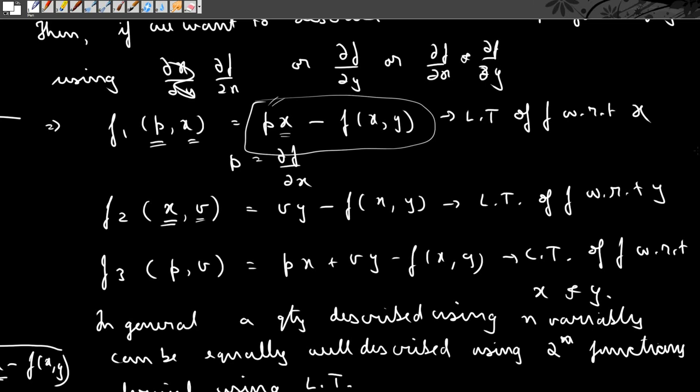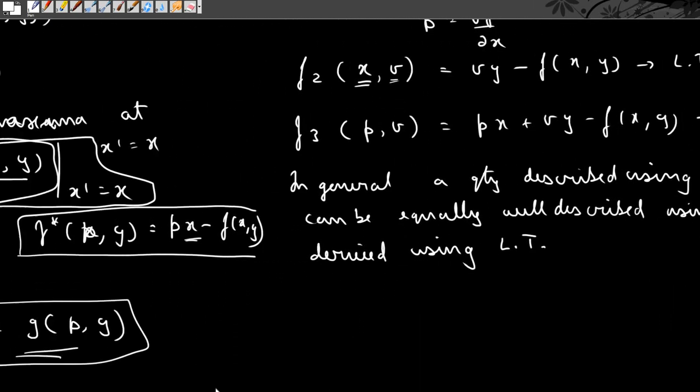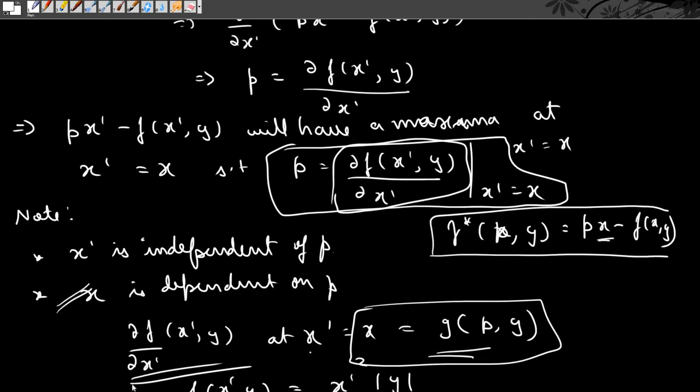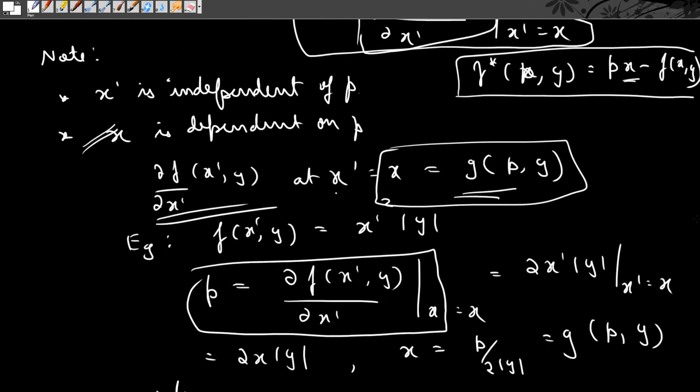That is the use of the Legendre transform, especially in physics, because often the partial derivative with respect to some variable describes some other physical quantity as well, and that is why these relations are useful when we study physics, especially thermodynamics and classical mechanics. All of these concepts are used to derive the various thermodynamic potentials, or to go from the Lagrangian formalism to the Hamiltonian formalism in classical mechanics, and so on.